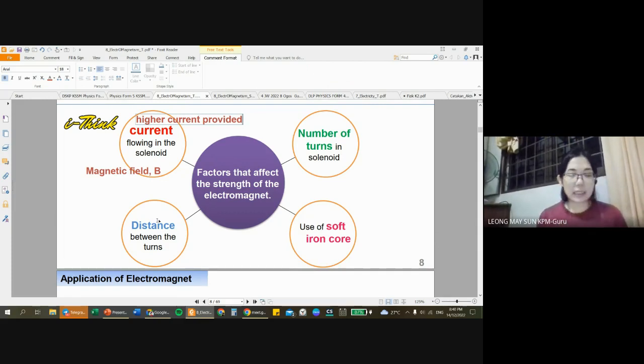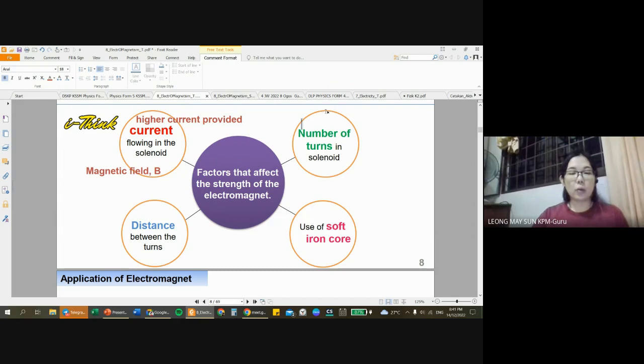Obviously, it's true that we want to have higher current, and it also depends on whether the potential difference is higher or lower. But when we talk about potential difference, we need to talk about the resistance as well. So for electromagnet, we focus on the current flow. The higher the current flow, the stronger the electromagnet.